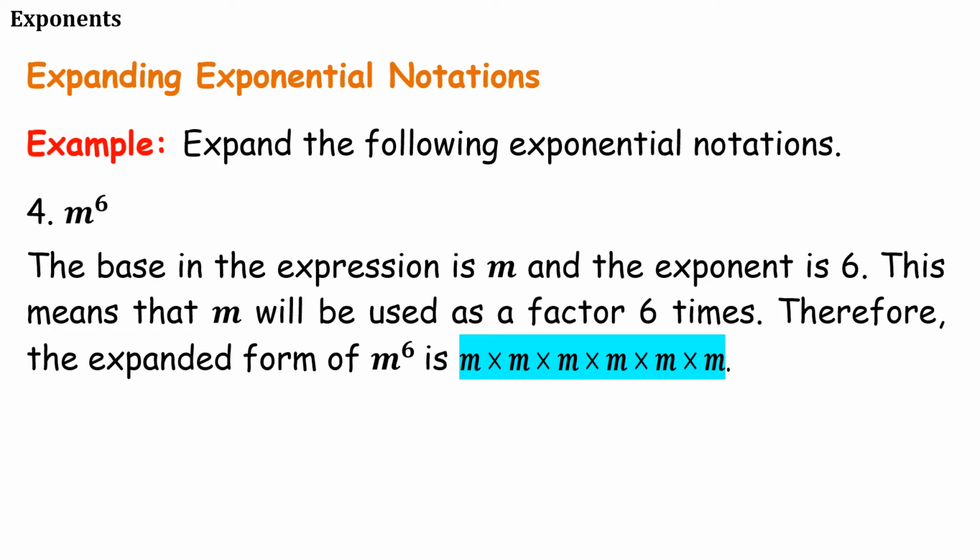Now we are using variables here. And again, I also have a little note about using variables. I do not like to use that little multiplication sign right there because we can get confused.